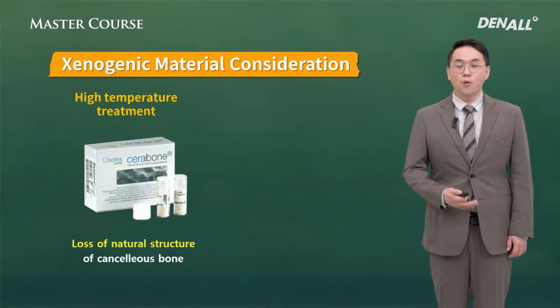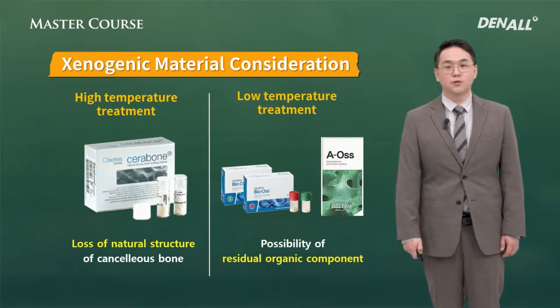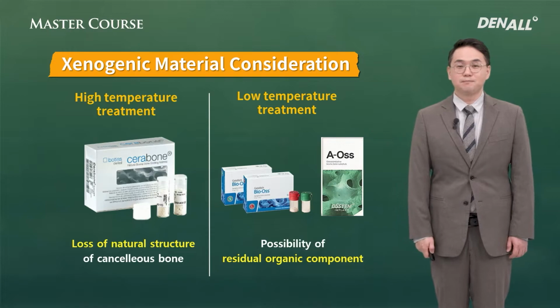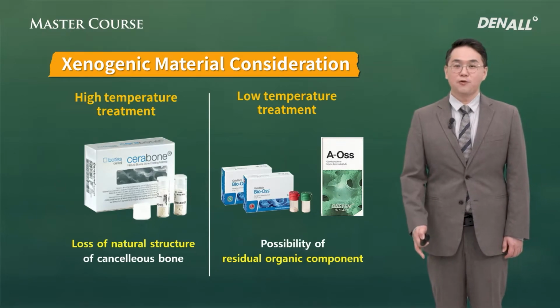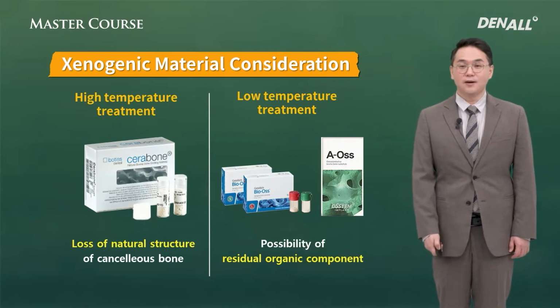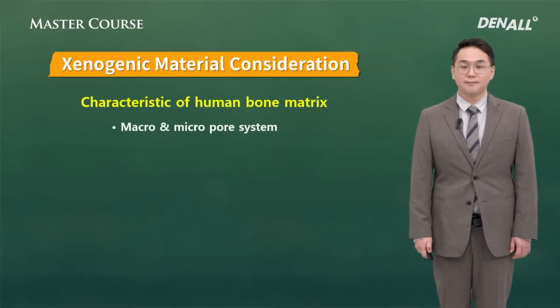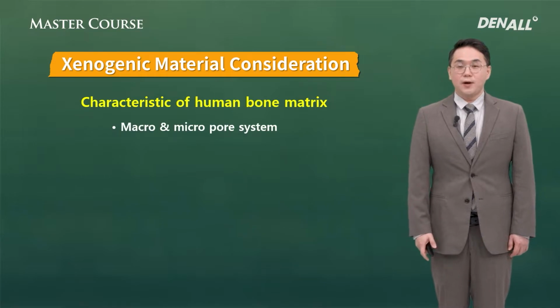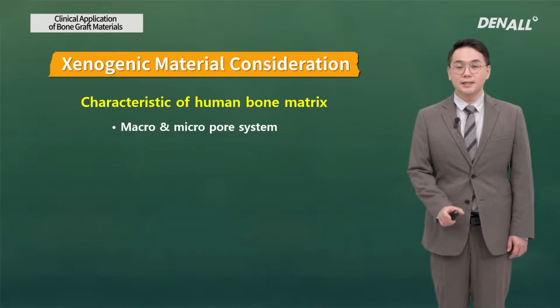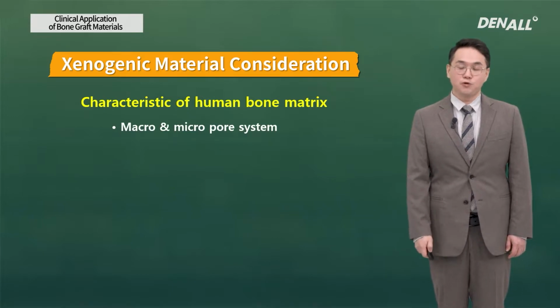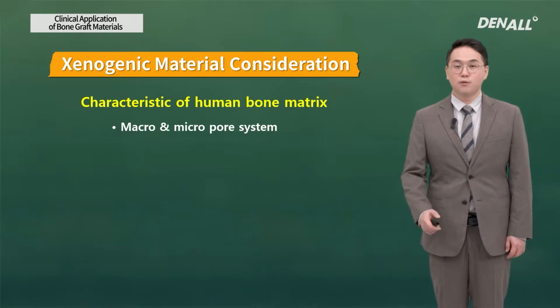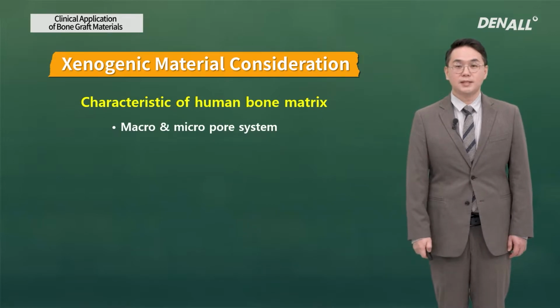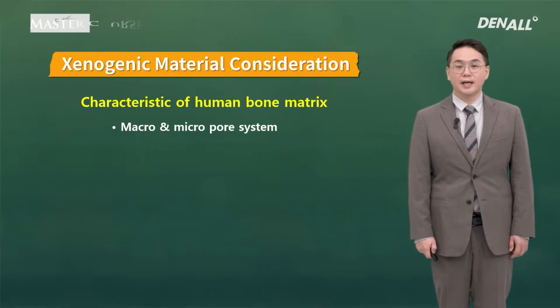Depending on the temperature, we have high and low temperature treatments. If it is higher than 600 degrees Celsius, it is high, and lower than that, it is low temperature treatment. When we use xenograft or alloplast, ultimately, we want to make them similar to the cancellous bone of human being so that osteoblasts can adhere to the xenograft.